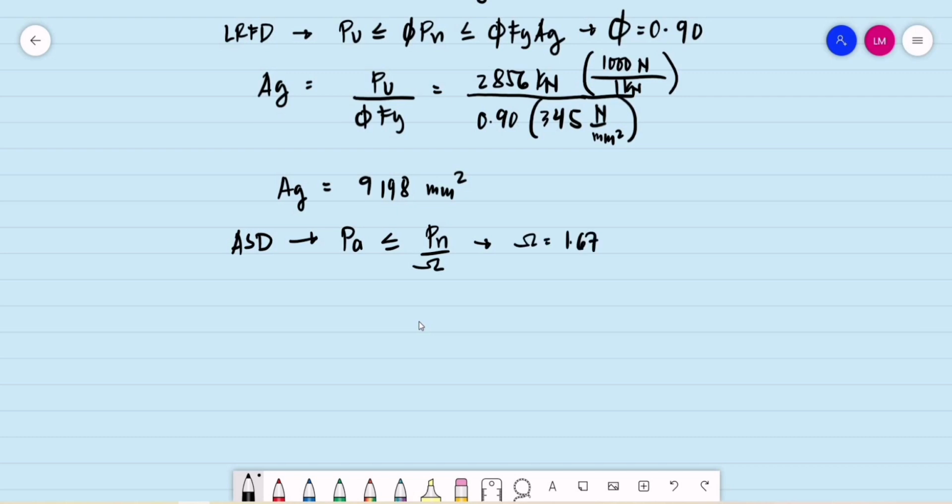So this is the same as Pa less than or equal to Fy multiplied by Ag divided by Ω. And so if we are computing for the Ag, that is equal to the allowable load multiplied by Ω divided by Fy.